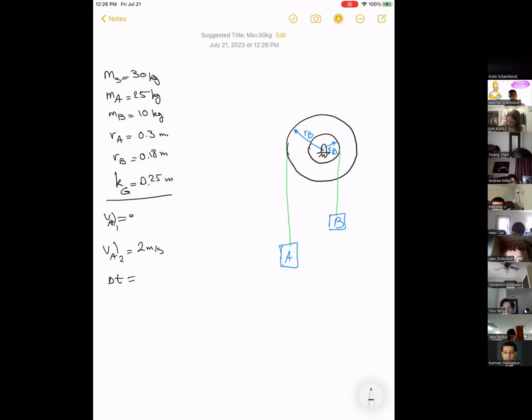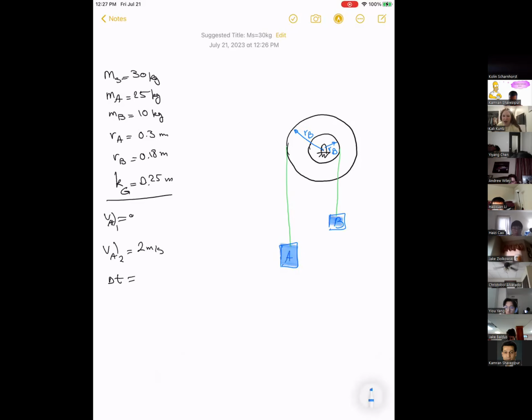This is almost identical to the previous problem, right? In the previous problem, we had two objects, gear and the rack. Here we have three objects, spool, then block A and block B. So this is like block A. Oops.